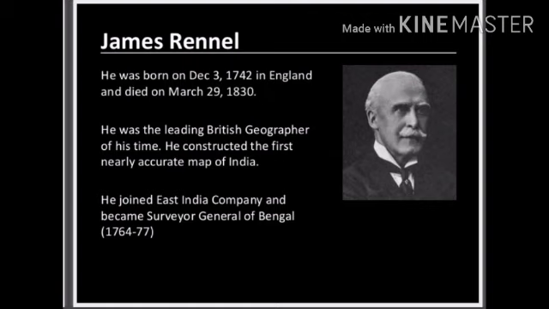So he was a geographer who made the first map of India, how India looks. He joined the East India Company and became the Surveyor General of Bengal from 1764 to 1777.